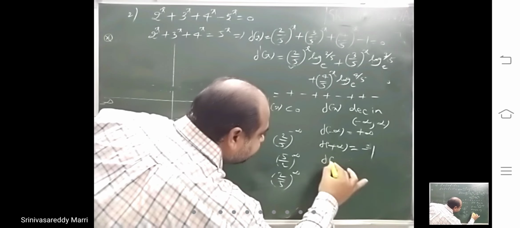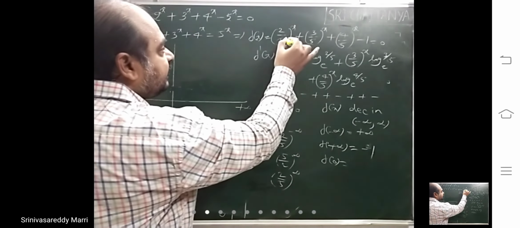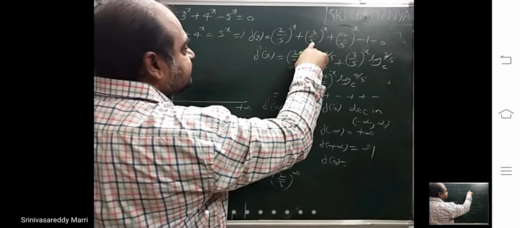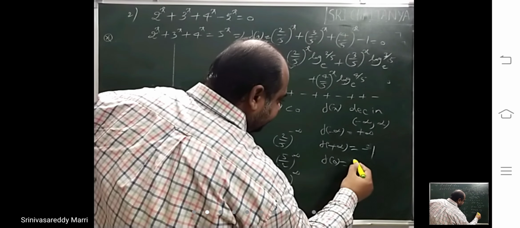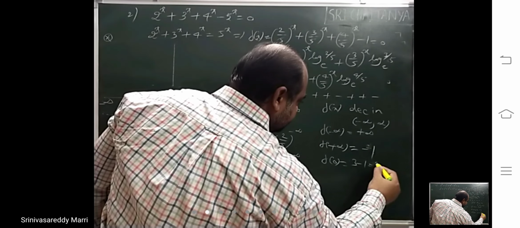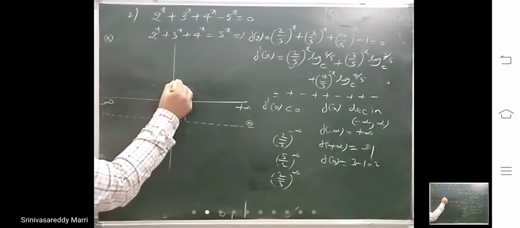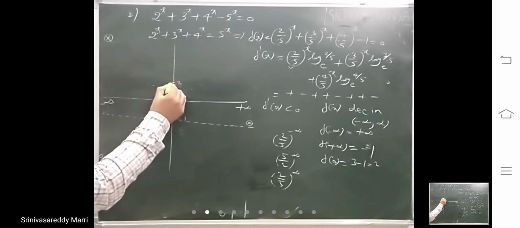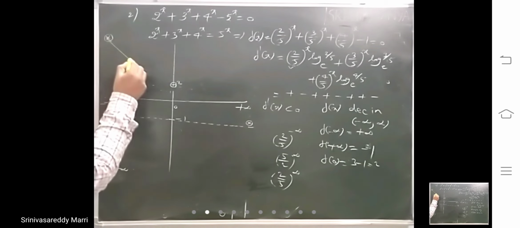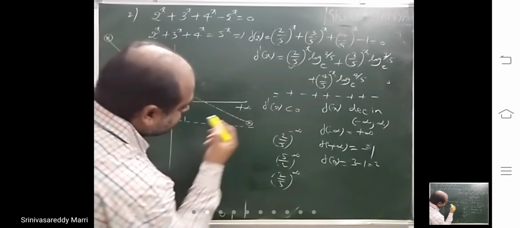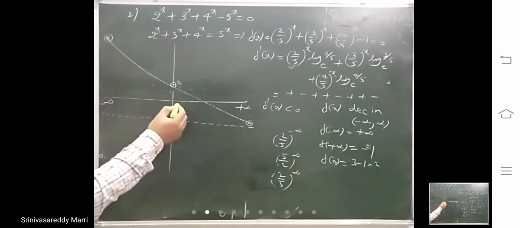Now look at f of 0. Just calculate: this is 1, this is 1, this is 1, so 3 minus 1 is 2. So at 0, this is 2. While joining this point also, the graph must pass like this. So how many roots are there?